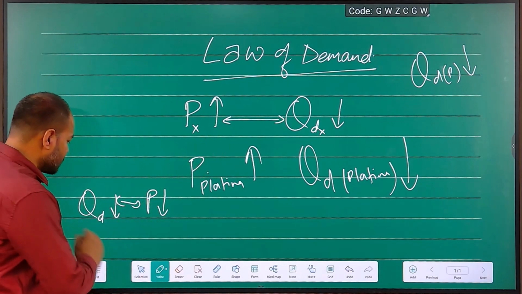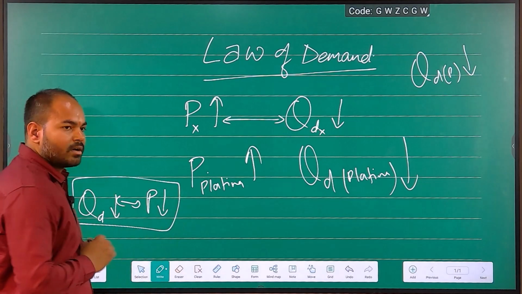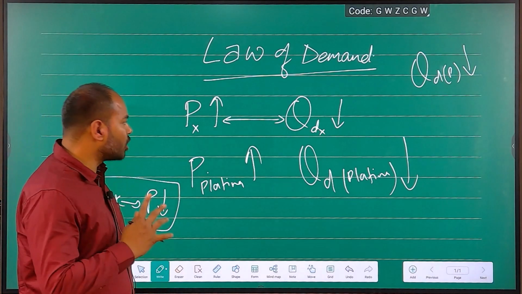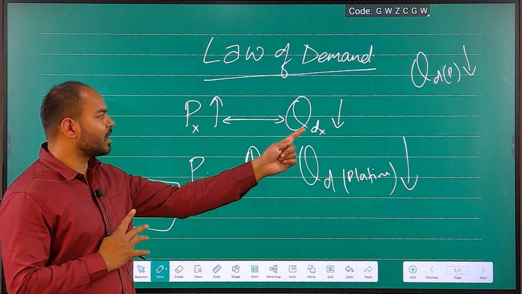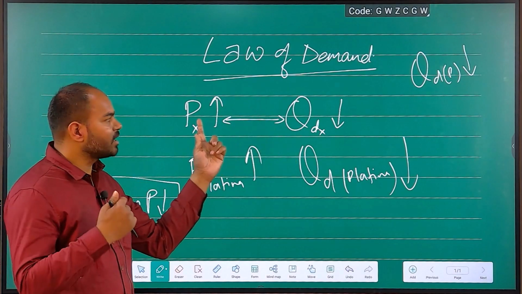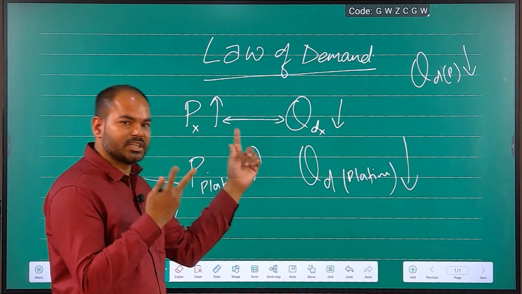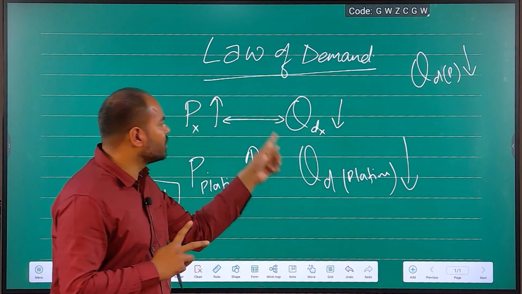The thing is, very smartly I taught you what happens to demand when price changes. And when I raised the question, I smartly changed my question to what will happen to price if there is a change in demand.